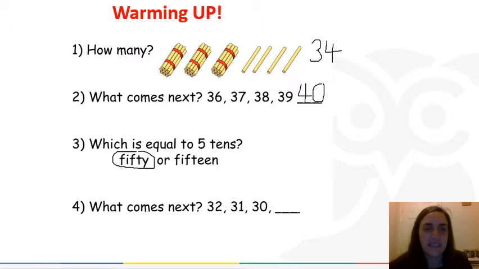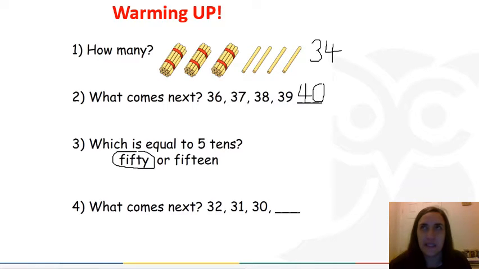Question 4. What comes next? We've got 32, 31, 30. This time are we counting forwards or backwards? Backwards? So what's going to be before 30?